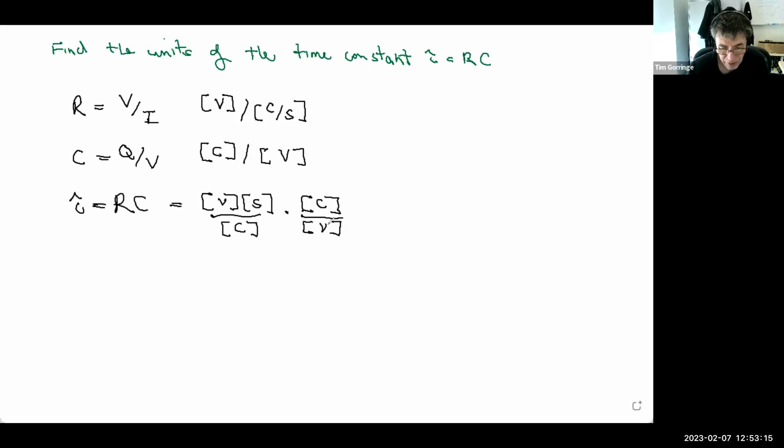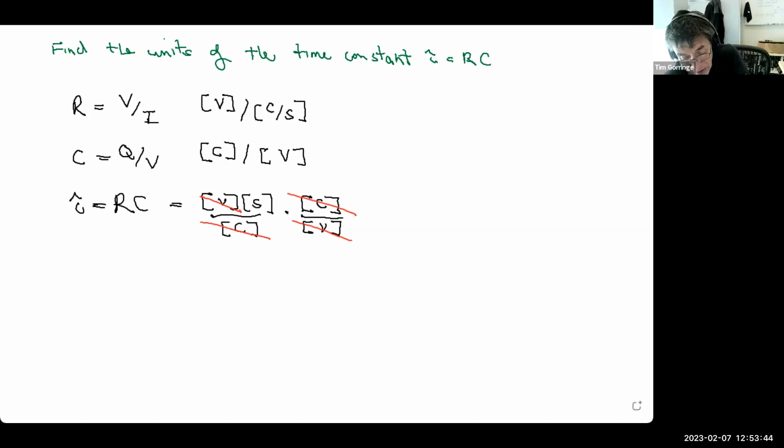You see here immediately why I rewrote the units of resistance in this slightly different fashion. It becomes completely obvious that the units of charge in the denominator of resistance cancel with the units of charge in the numerator of capacitance. The units of voltage in the denominator of capacitance cancel with the units of voltage in the numerator of resistance.